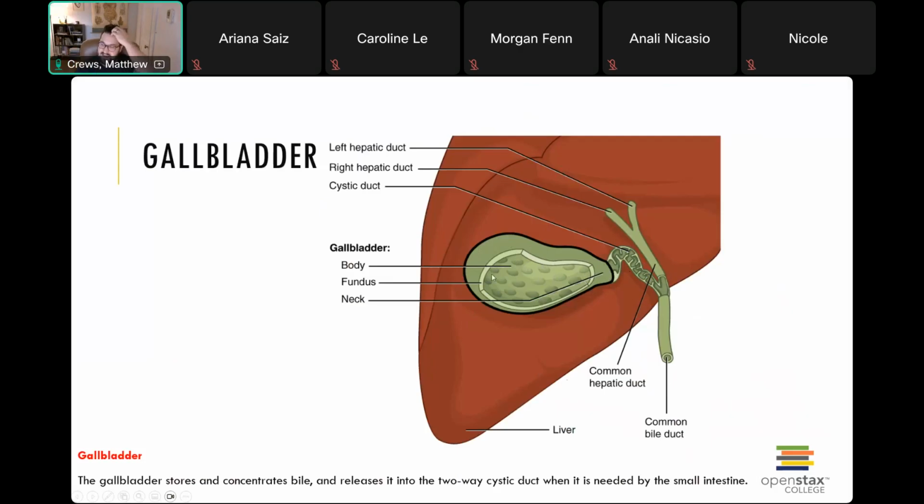This is a parasympathetic nervous response as well. So this is stimulated by a parasympathetic nerve, and then it just squeezes. It squeezes all that stuff down back through the cystic duct and into the common bile duct. And then from there, it enters the digestive system. So that's the gallbladder.